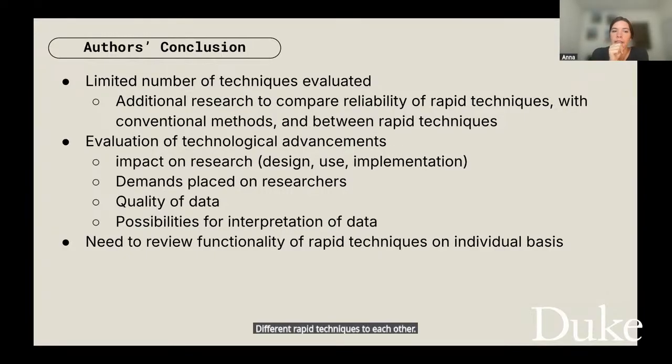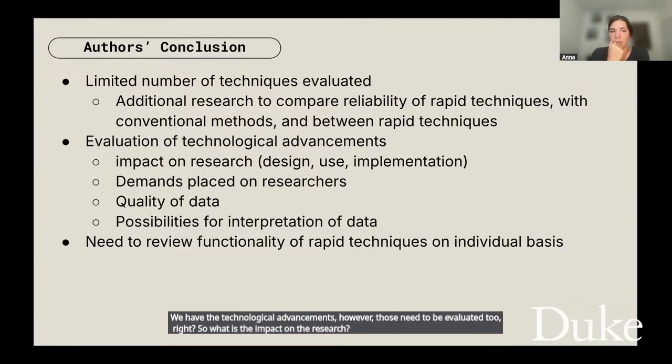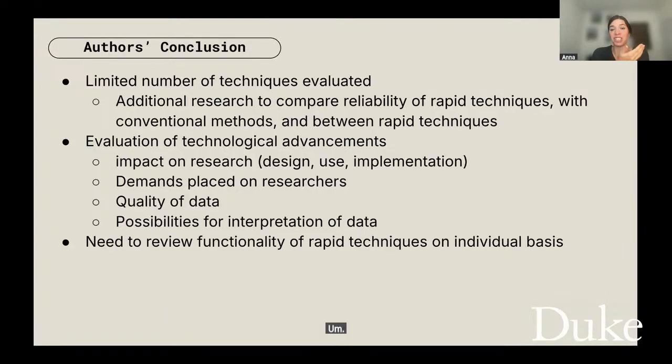And then we have the technological advancements. However, those need to be evaluated too, right? So what is the impact on the research? Does that actually increase the demand that is placed on researchers? What is the quality of the data that will be generated with advanced technology?